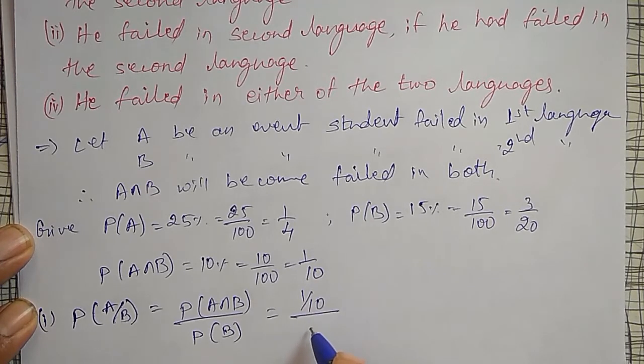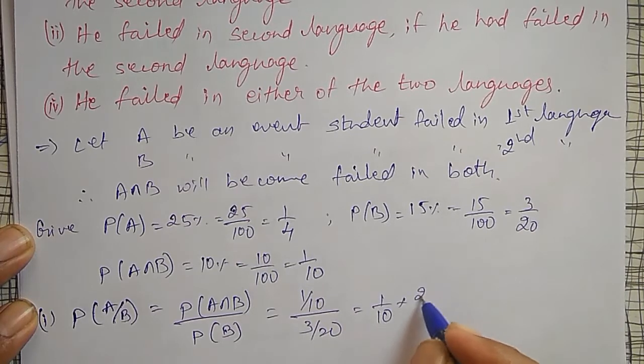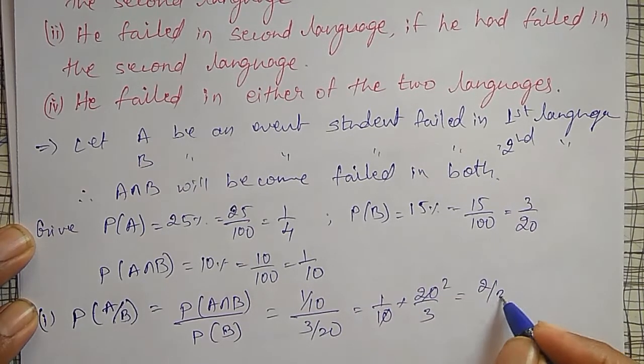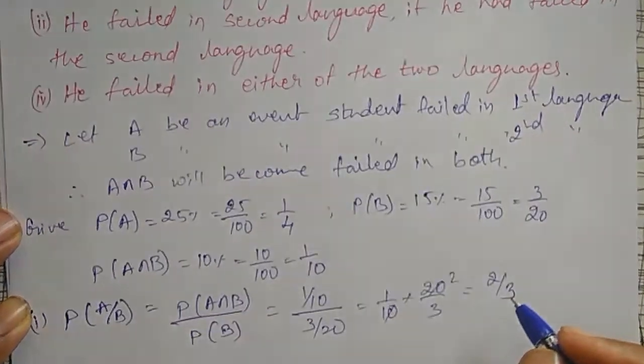Probability of B is 3 by 20. 1 by 10 into 20 divided by 3, 2 by 3 it is.